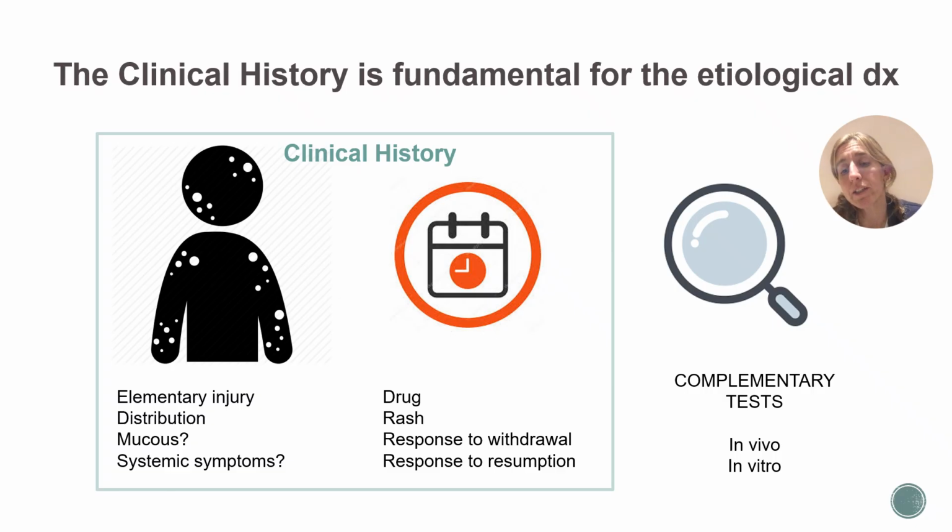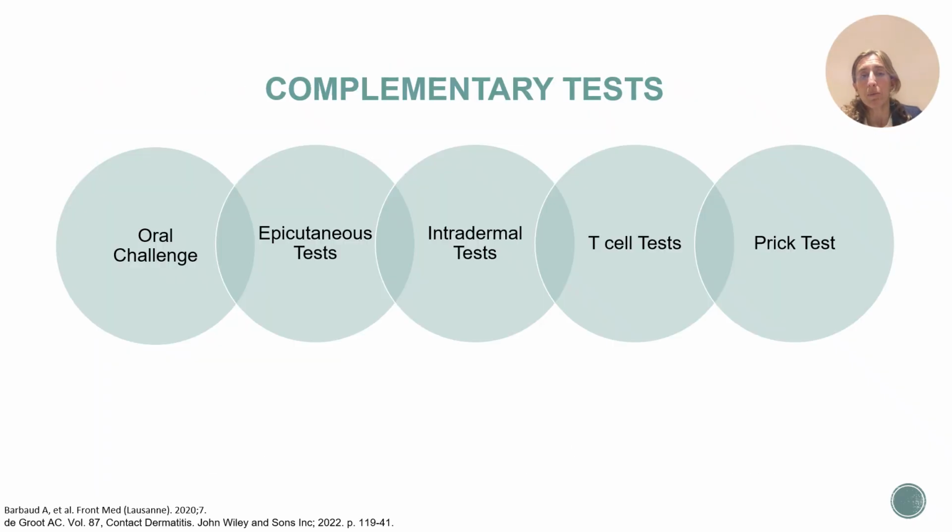And then we take into account the complementary test results, which can be either in vivo or in vitro. For diagnosis, we can go from oral challenge, cutaneous tests, intradermal test, T-cell test, prick test.